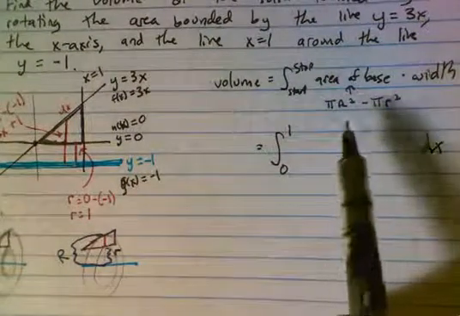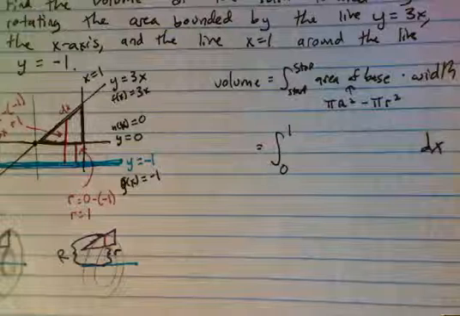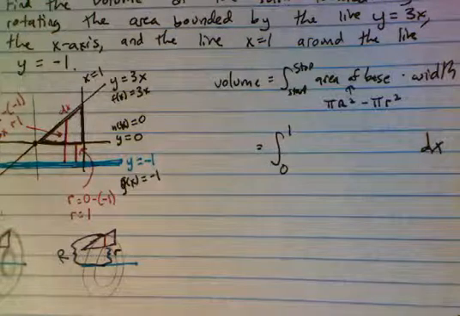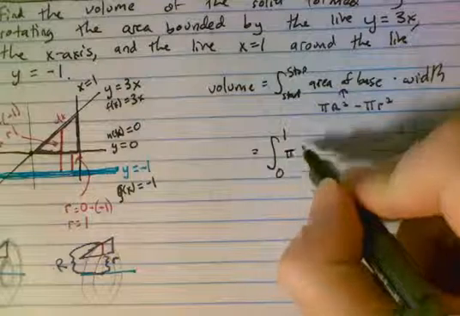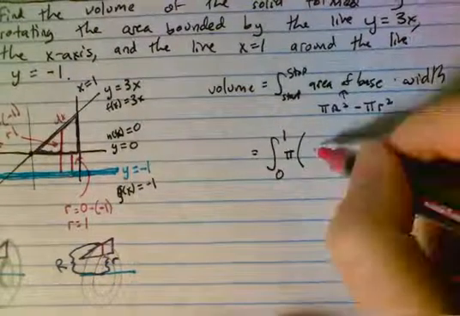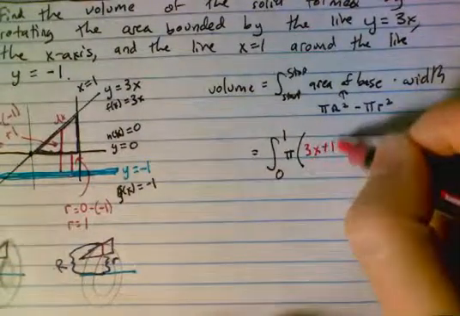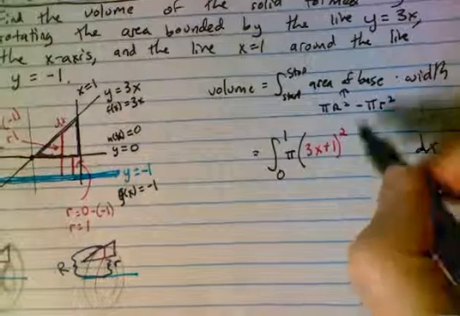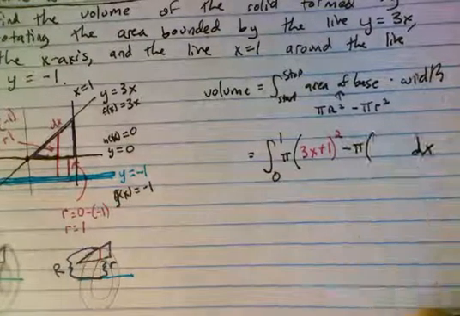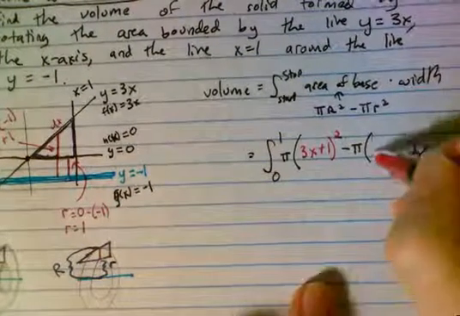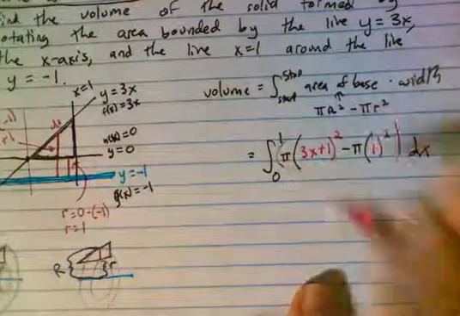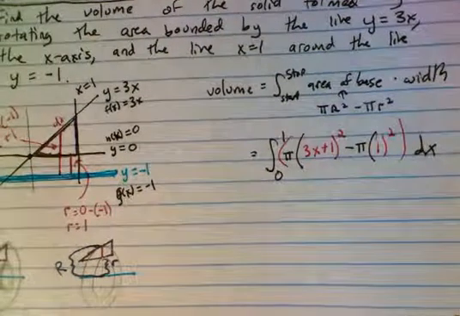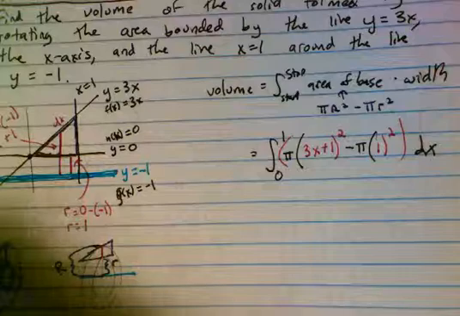Coming back over here, I'm going to put it into my formula for area of the base. So I've got pi big R squared, that's 3x plus 1 squared, minus pi little r squared, all of that times quote-unquote dx.